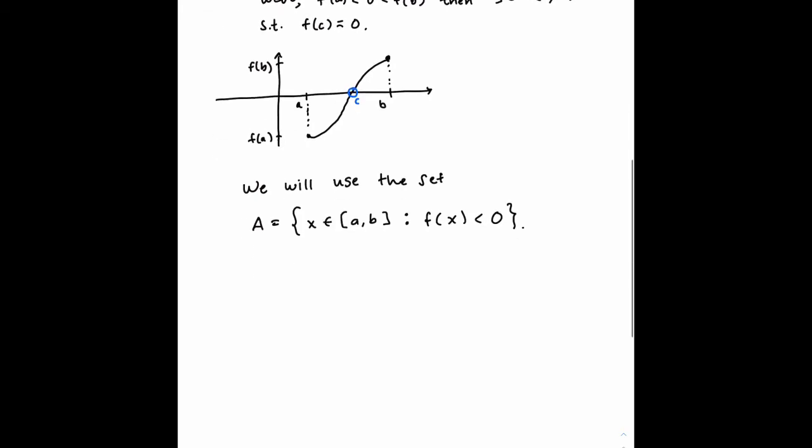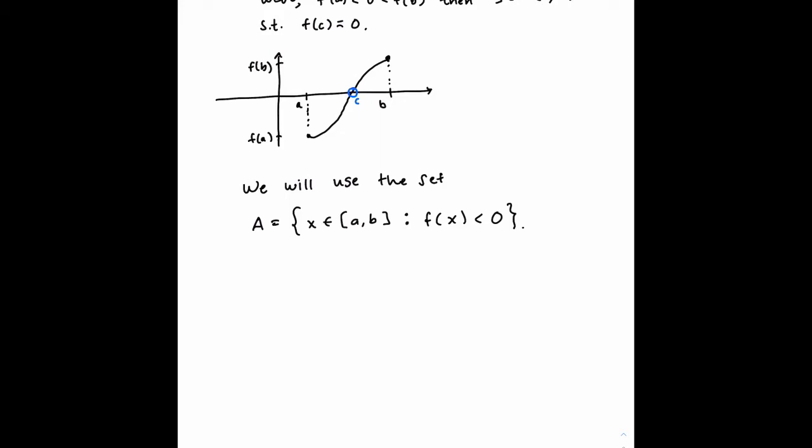So my claim is going to be that the c value that we can find using our argument, where f of c is equal to 0, is actually the supremum of this set.